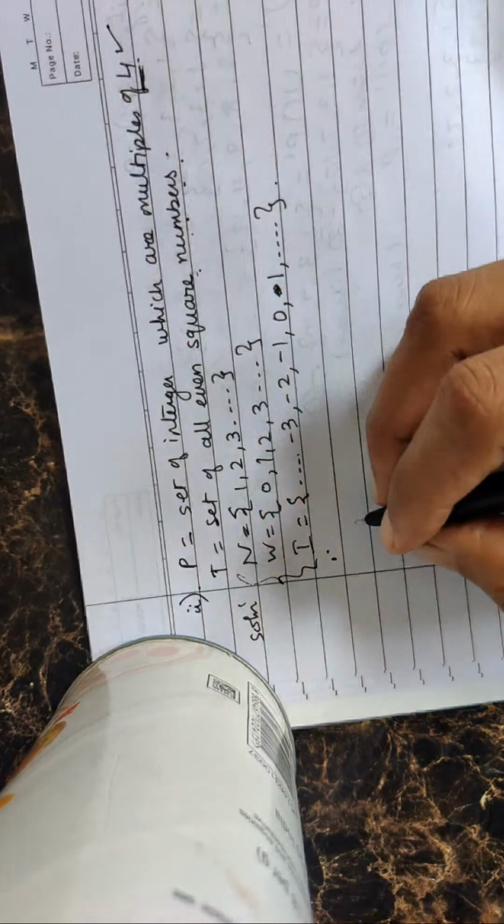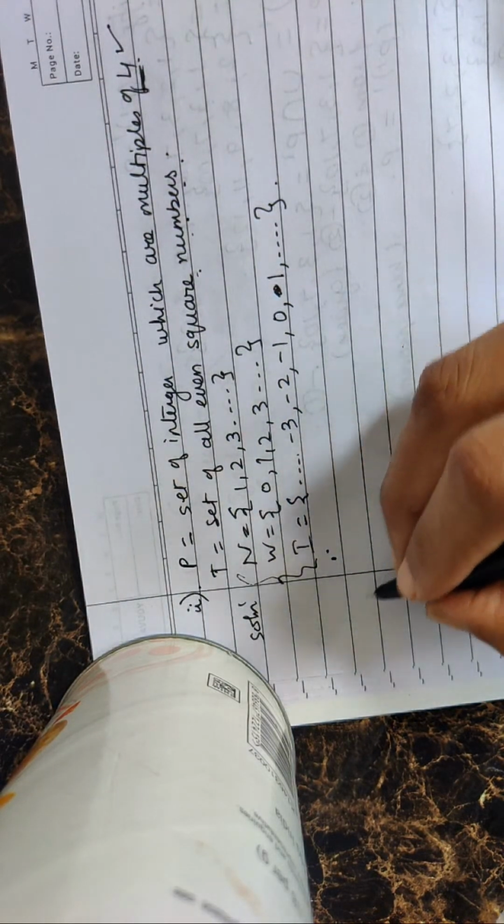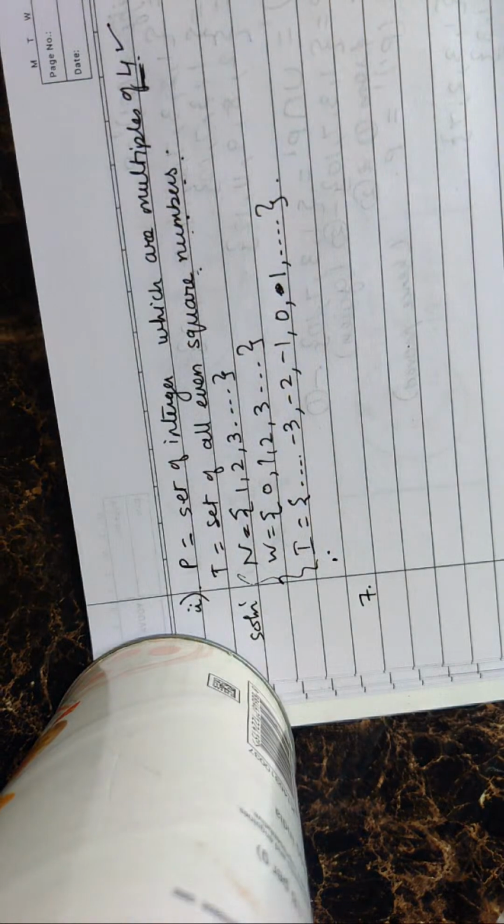So the universal set for all the two sets above, sets P and T, can be natural number, whole number or integers.